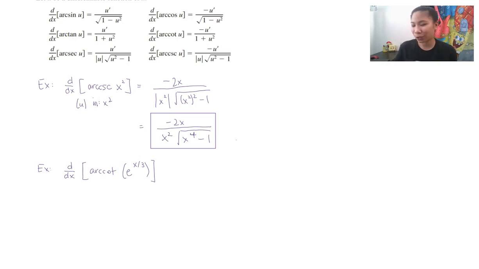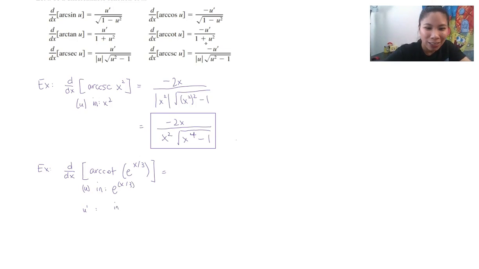Okay, so first of all, we're using the arc cotangent derivative, so that's this one right here. Following that formula, our inside, or u, is going to be e to the x over 3 power. So u prime for us is going to be the derivative of e to the x over 3 power. But e to the x over 3 power also requires chain rule because it has its own inside.